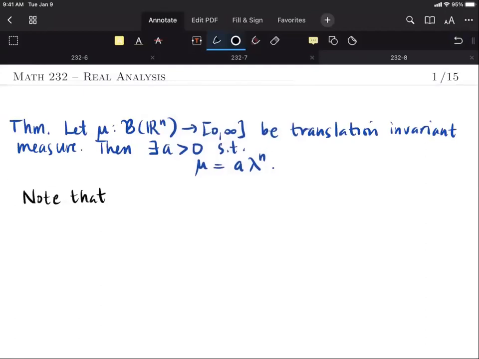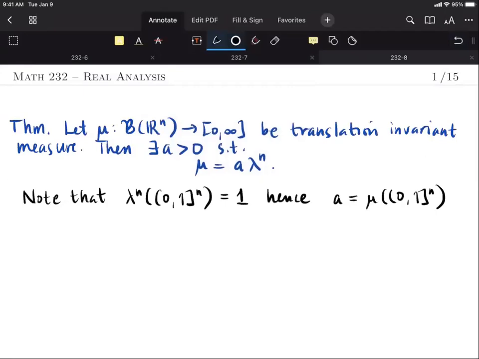So if we note that the Lebesgue measure of this cell is equal to 1, since all endpoints are equal to 1, hence A would be the measure of this cell as well.